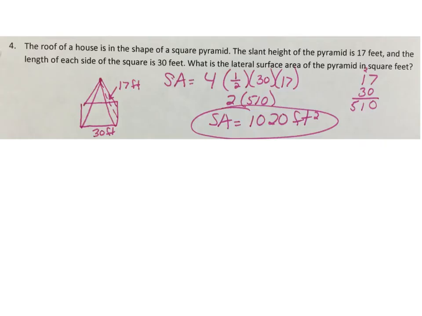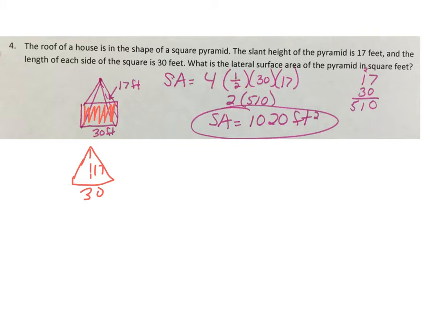All right, so this one I gave you 10 extra points if you asked me about the lateral surface area and why the answer was not available. So again, lateral surface area. That means it does not include that base down here. So this piece, that square, is not counted. You are only counting the triangles. So you calculate one triangle because it's a square, and that's a 30 by 17, and you make sure you take the half.